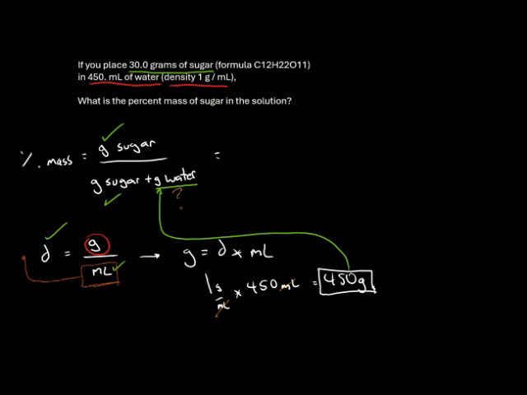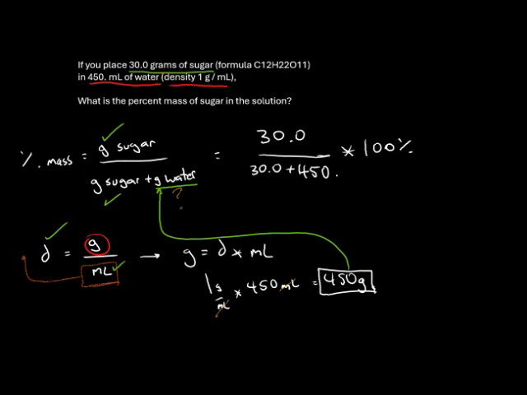Now we'll put the pieces together. Our grams of sugar were 30. On the bottom, we'll have grams of sugar again, still 30, plus 450 from the water. To change this into percent, we will multiply our answer times 100%.